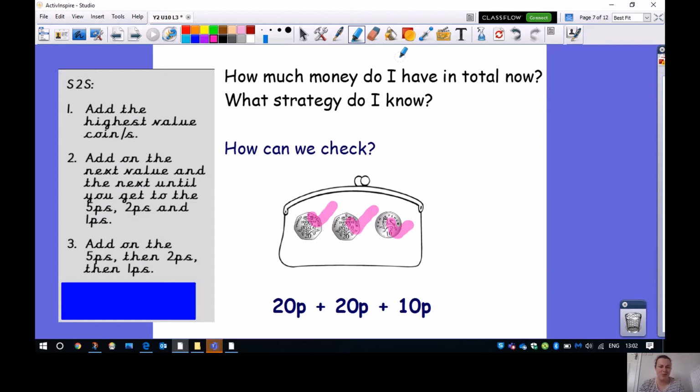5p's, 2p's, and 1p's. So if I know that 2 add 1 equals 5, then I know that 20 add 20 add 10 equals 50. So let's write down the if I know.